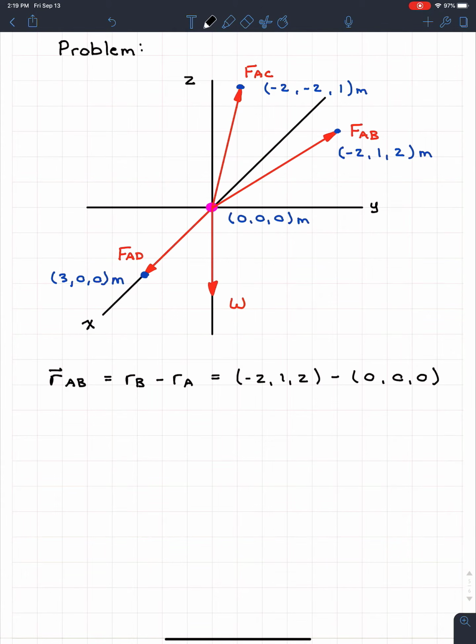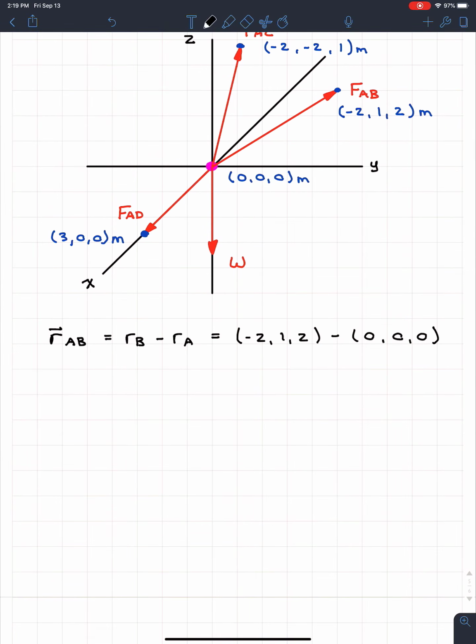Well, that should look really nice and easy because basically RA is all zeros. So the position vector RAB is just going to be -2I plus 1J plus 2K. So it's really just the coordinates of B. And that's a nice little trick if your starting point is the origin.